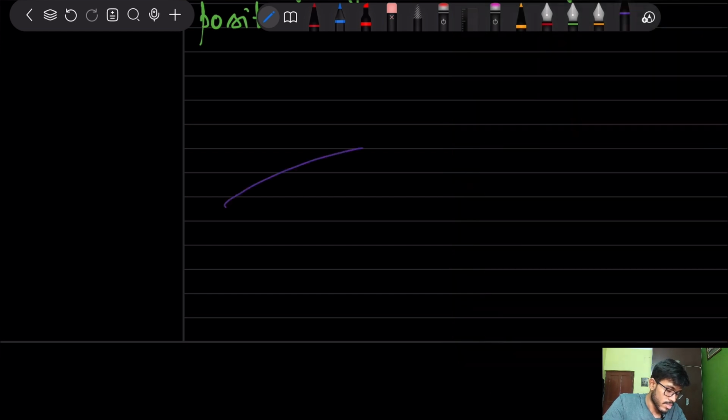This is my surface and this is again dA. This is the unit normal n cap. If my heat flux vector here is like this, drawn with blue, this is my heat flux vector.